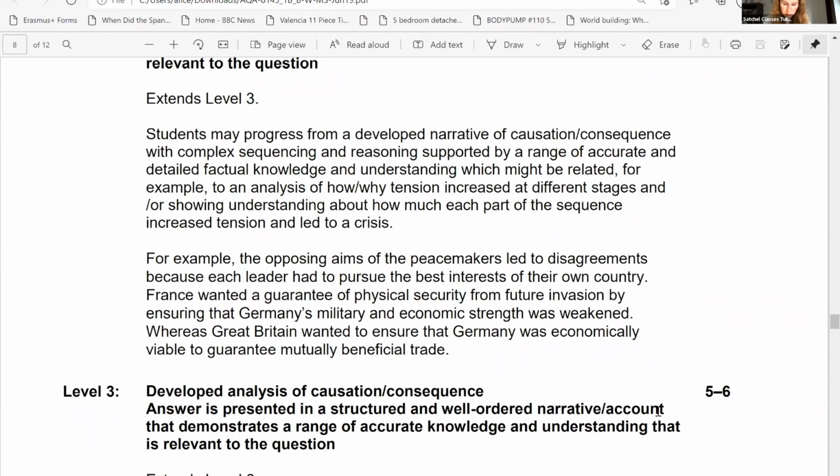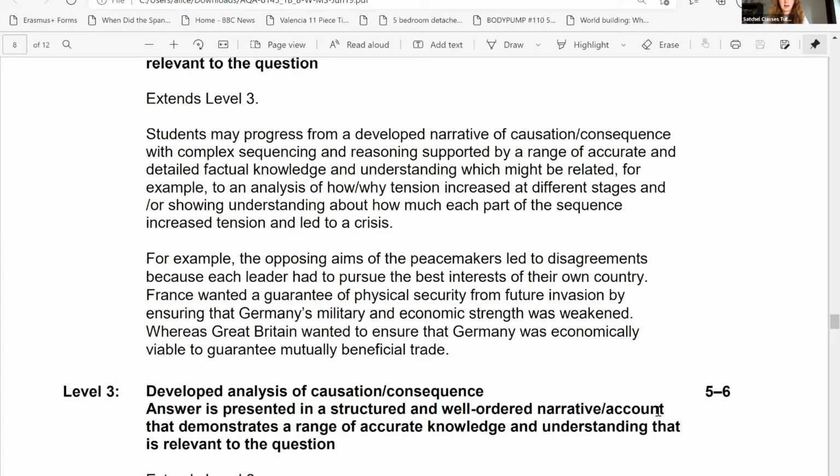But students may progress from a developed narrative of causation or consequence with complex sequencing and reasoning. So this just means explaining your point, okay? There's a lot of jargon in this, but it just means explaining your point. And detailed factual knowledge and understanding, so that's all about your revision, which might be related to an analysis of how or why.